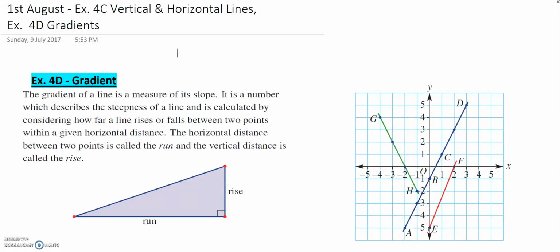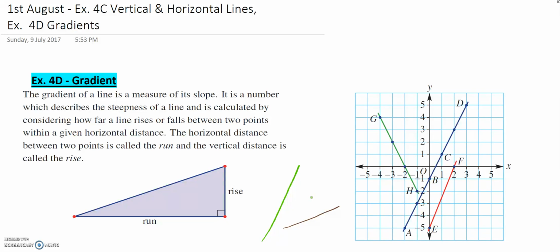For example, the brown one over there, if you compare that to this green line, which one is more steep, the brown or the green? I know you've all said green. Both lines will have a number that represents the steepness of the line.